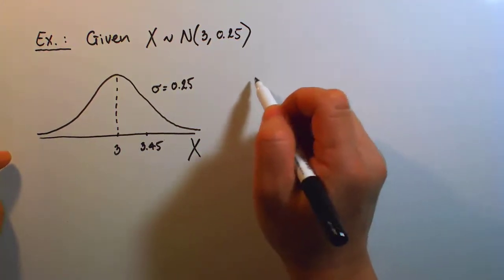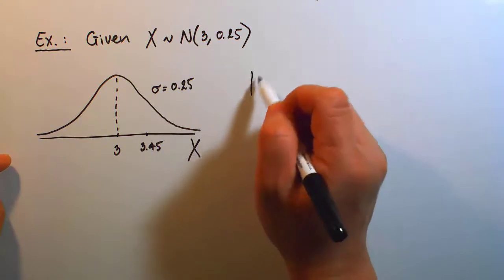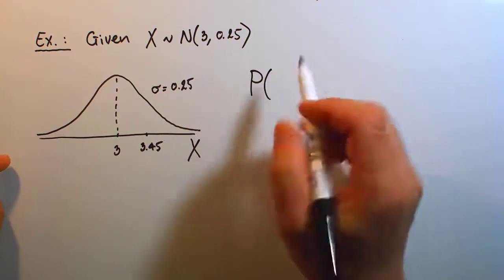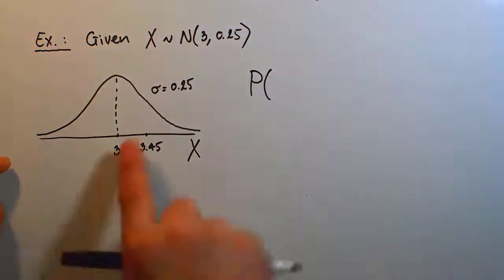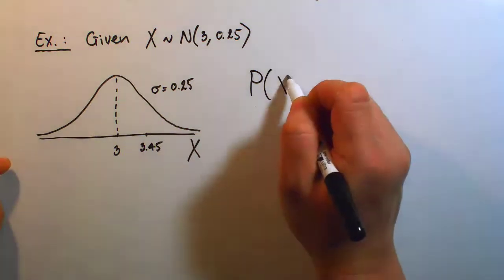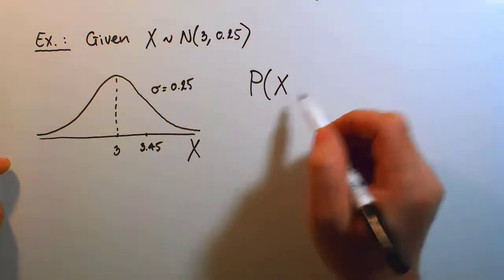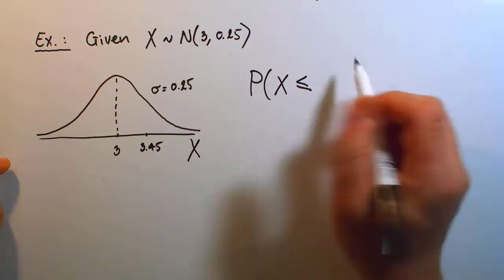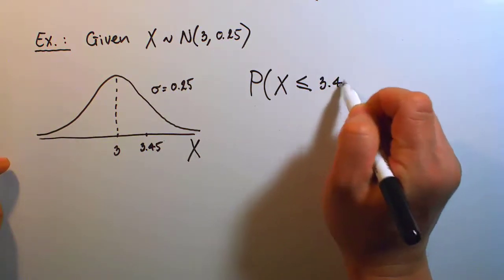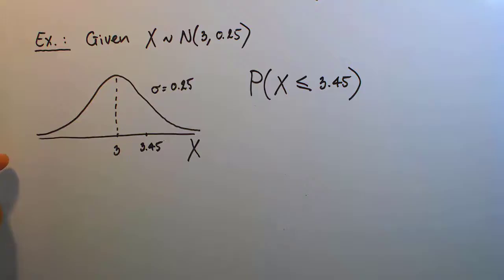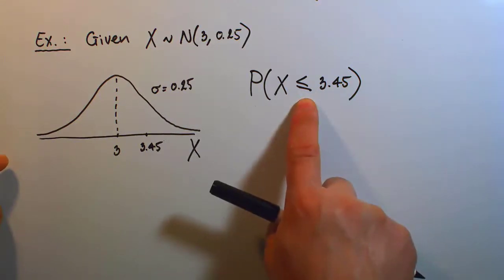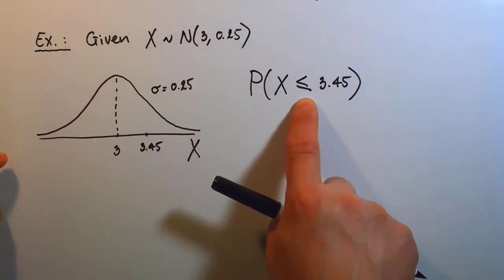And so the question in this quick example is, let's find the probability that on this bell curve we are looking at having a value of x being less than or equal to 3.45. And as I said earlier, having the equal sign or not having it will not change the way we do the problem and won't even change the final answer.